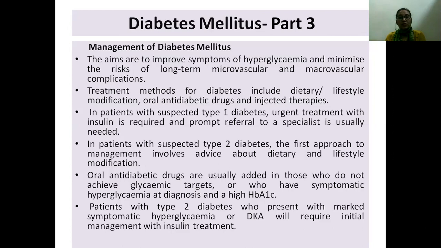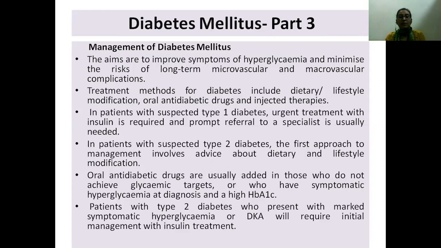In patients with suspected type 1 diabetes, urgent treatment with insulin is required and prompt referral to a specialist is usually needed. While in patients with suspected type 2 diabetes, the first approach of the management is to advise about dietary and lifestyle modifications.